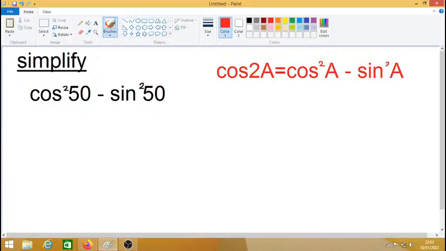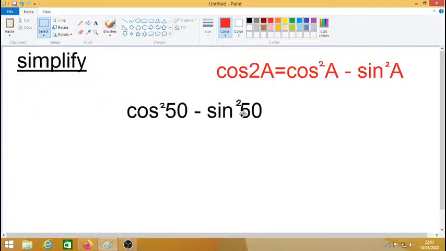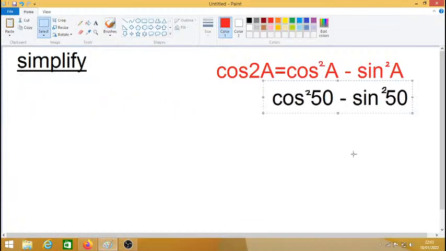So what that tells you is that if you've got any angle, say 10 degrees or 20 degrees, then cos squared of that angle, take away sine squared of that angle, is the same thing as cos, just normal cos, of twice that angle. So applying that here, on the right-hand side, where you've got just the angle on its own, is your 50.